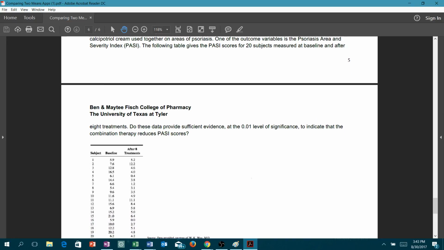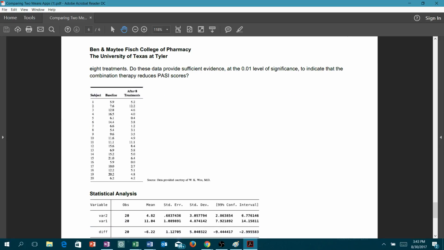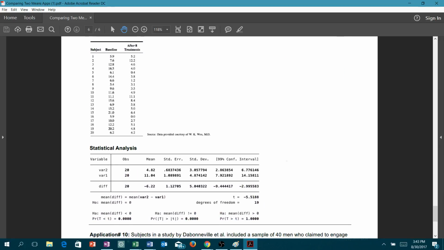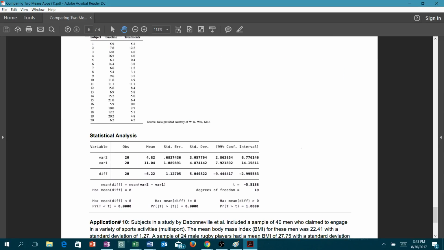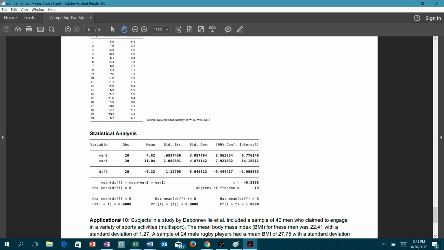So, subjects in the study. So what was your question? Independent, unpaired.